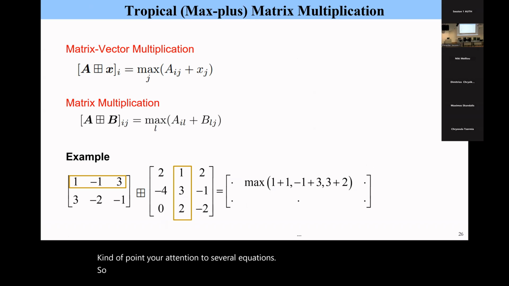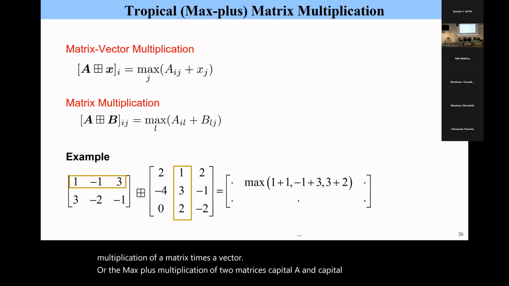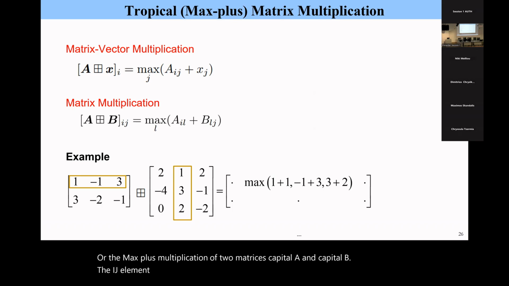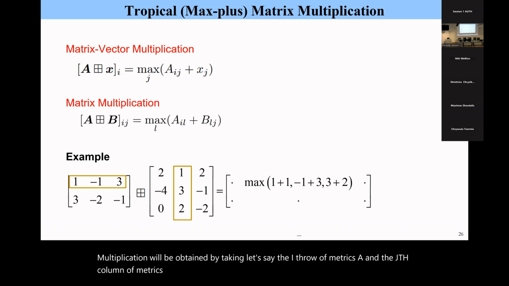So I use this symbol, which is a box plus symbol, to denote the max-plus multiplication of a matrix times a vector, or the max-plus multiplication of two matrices, capital A and capital B. The ij element of this multiplication will be obtained by taking, let's say, the ith row of matrix A and the jth column of matrix B, and instead of performing a linear inner product of this row and vector, we perform a max-plus non-linear inner product.